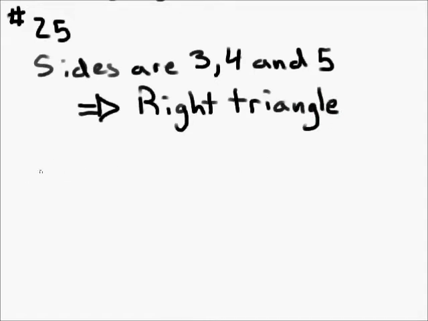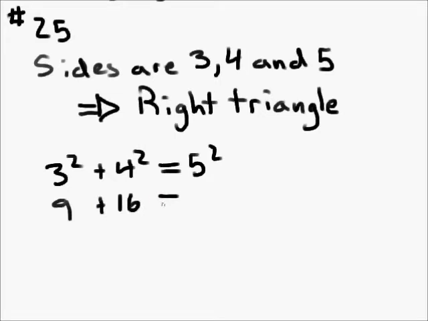Well, we'll test this by using the Pythagorean theorem. 3 squared plus 4 squared equals 5 squared. We'll see if this statement is true. 9 plus 16 equals 25. Yeah, that checks out. So all of this implies that this statement is true.